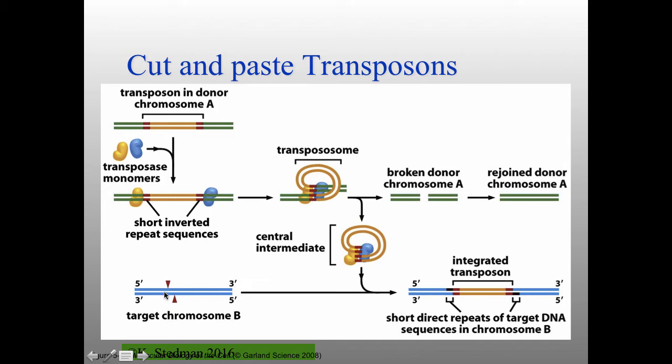This sequence between the two here is now going to get copied because it's been pulled apart, two different strands that will get copied by the normal DNA polymerases. That generates a direct repeat because it's now the same sequence on the same strand. It's just taken this sequence and copied it, the sequence between these two arrows here. Does that make sense how we get now these direct repeats outside of the actual transposon?